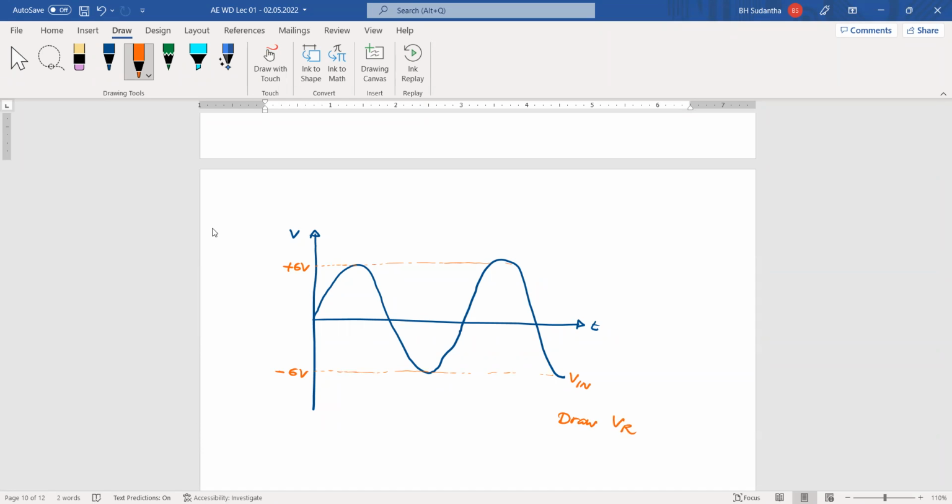Okay, think about this one. When you come next day, try to draw this one.